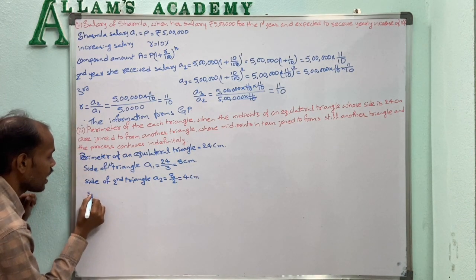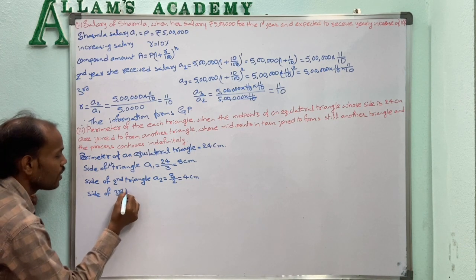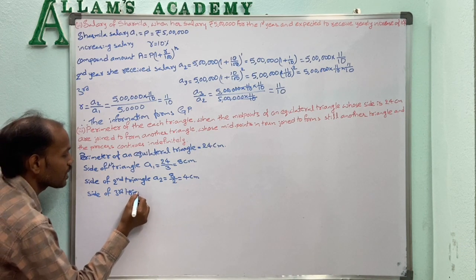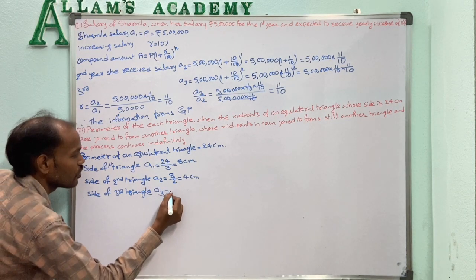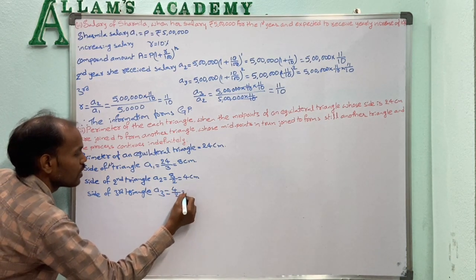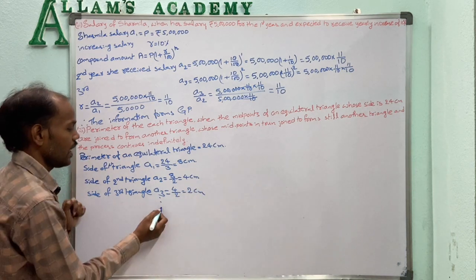Now the side of the third triangle, where the midpoints are joined. Midpoint is nothing but half only. So A3 is equal to 4 by 2, that is equal to 2 centimeters. And so on we can write.